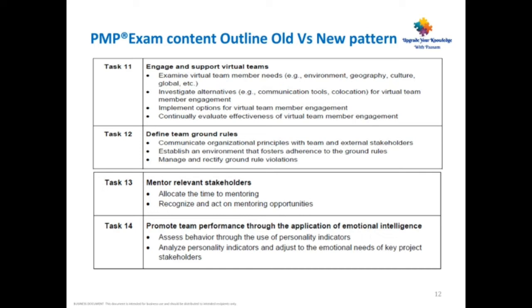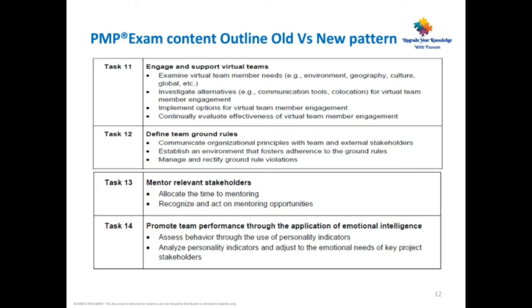This also was there: collocation, virtual teams, all these points and tasks were there in the previous outline. And task number 12, define team ground rules: communicate organizational principles, establish an environment that fosters adherence to the ground rules, manage and rectify ground rule violations.